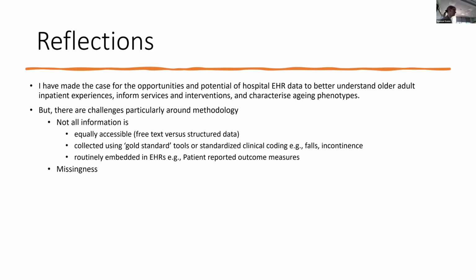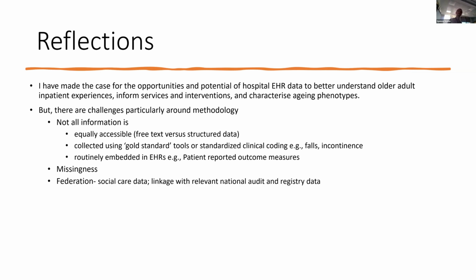So the technical team had to work quite hard to define a cohort that had an acceptable level of missingness, and then ways to address that using both linear interpolation and multiple imputation. But there's a lot of challenges around missing data, because some of it, frankly, is not missing at random, it's missing very deliberately.